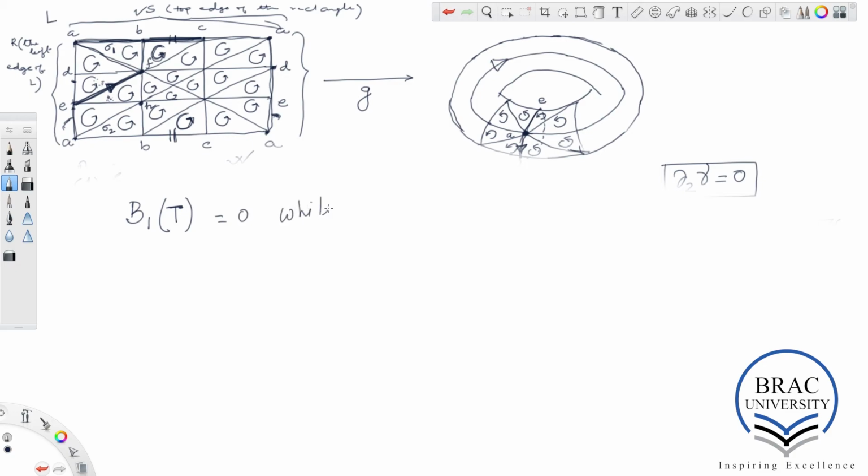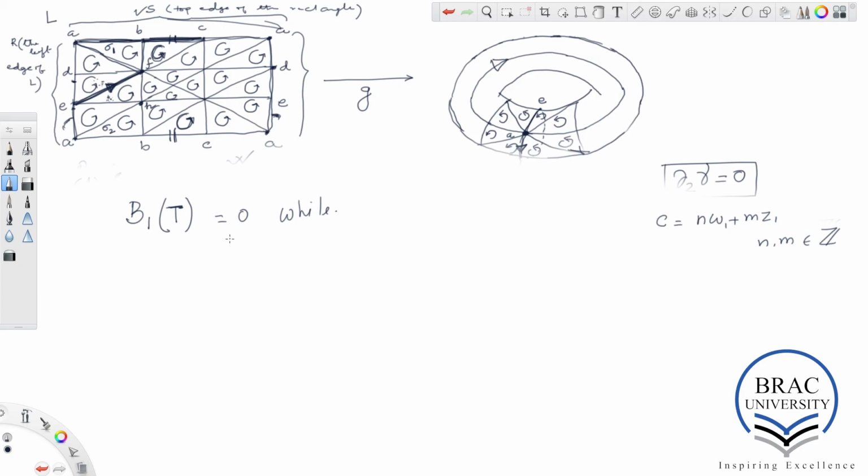while we have seen that a one cycle C is written as N1W plus NW1 plus MZ1, where N, M are both integers, right?